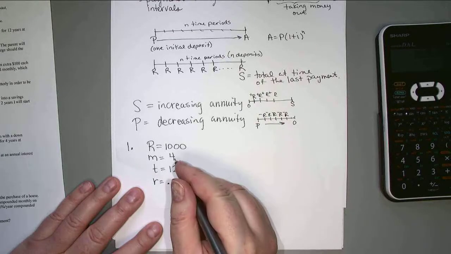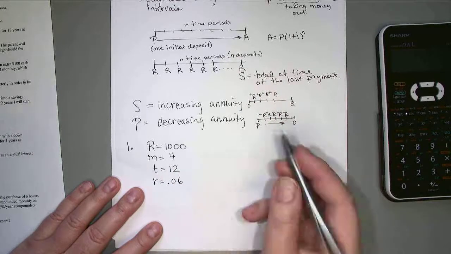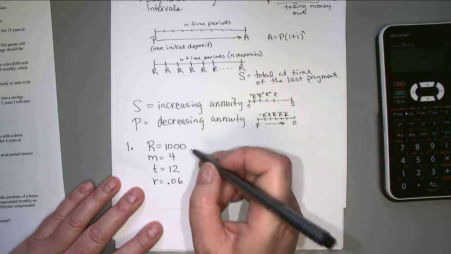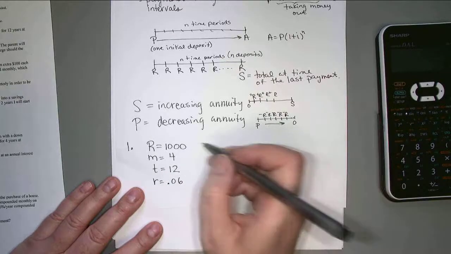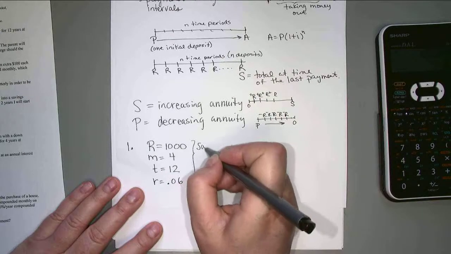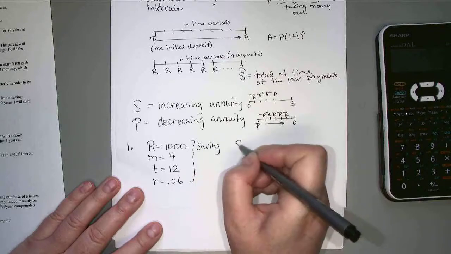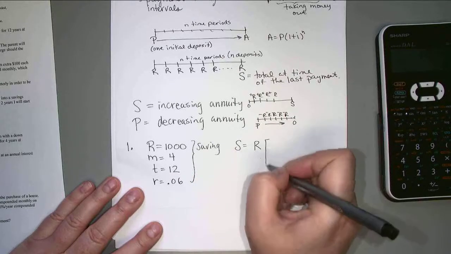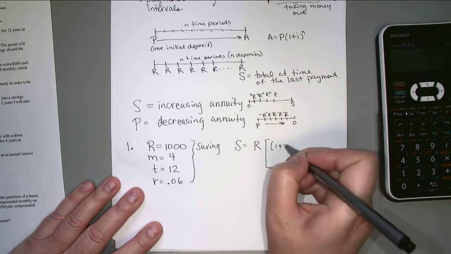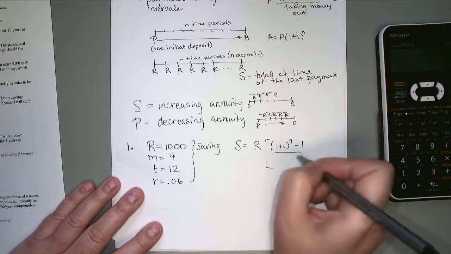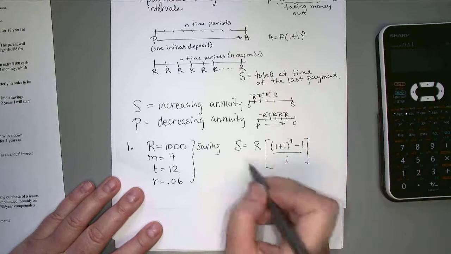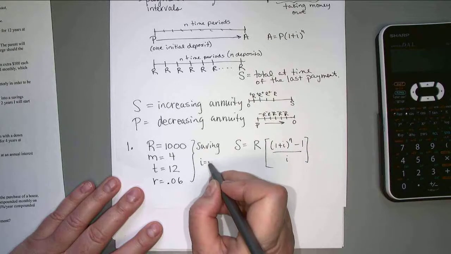I already wrote the quarterly down. How much money will she have? So she's depositing money. How much money will she have? So this is saving. She's saving money, so we're going to use this formula. To do this, we need i, which is r over m.